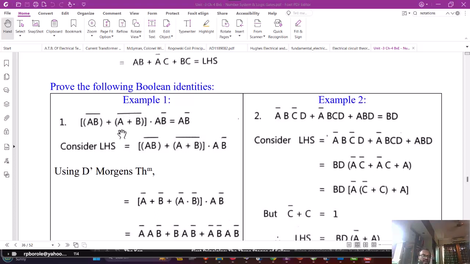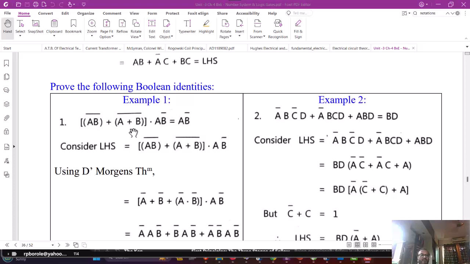Secondly, for the second bracket, you will get a NOR gate for implementing A or B complement. And then you need a third 3-input AND gate to combine the output of these three terms. An additional inverter is required for getting the complement of B bar, and one AND gate is required to implement the product A B bar.